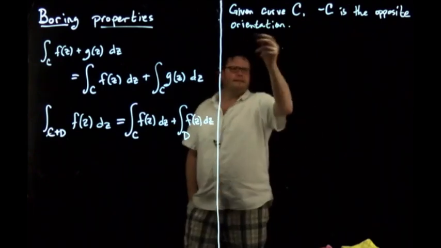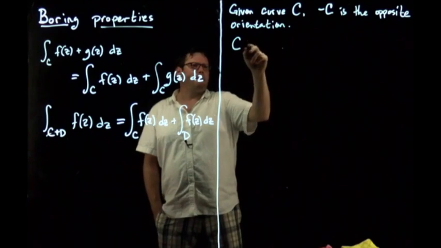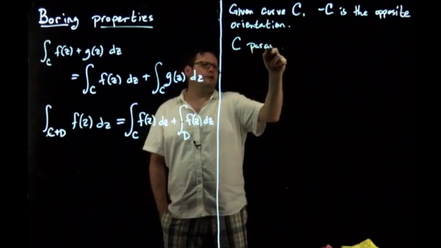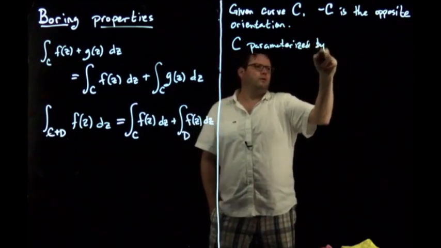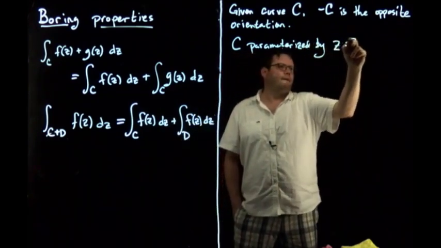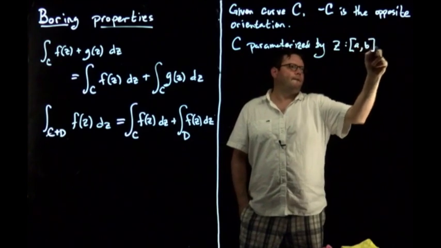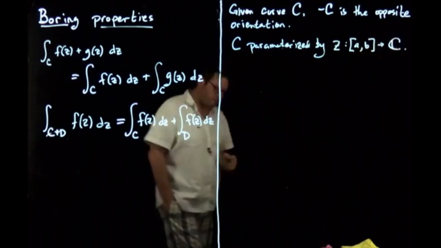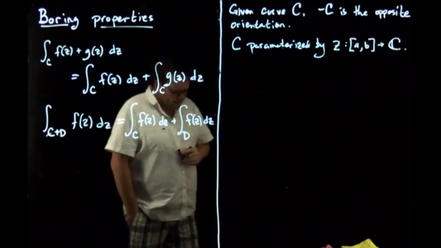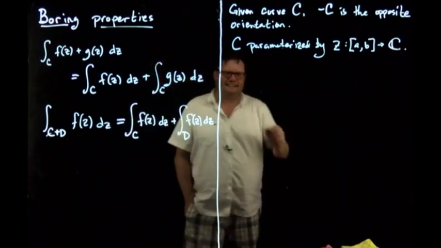Now, let's say that C is parameterized by z, which is our standard curve with endpoints a and b. Then how do we parameterize minus C?